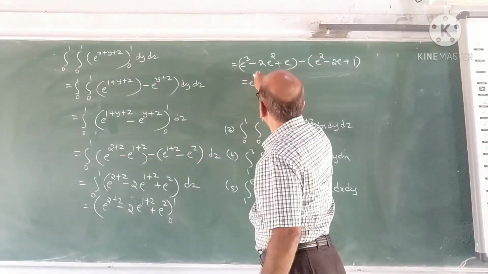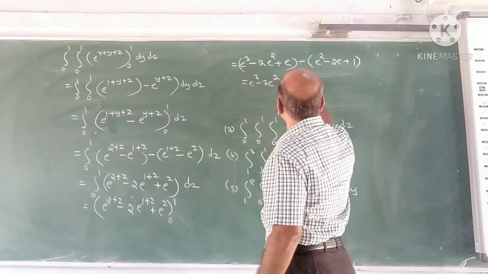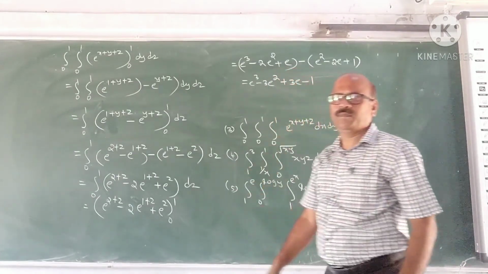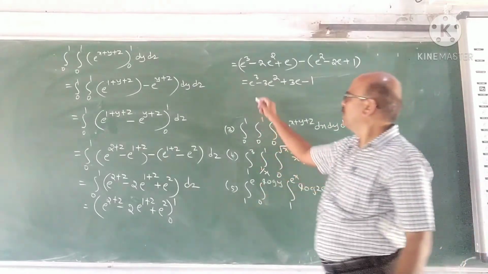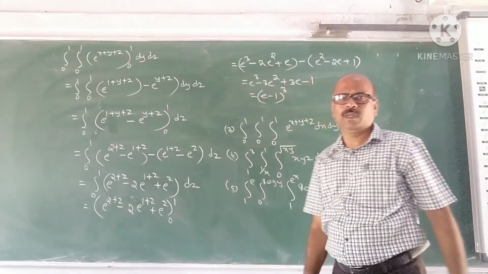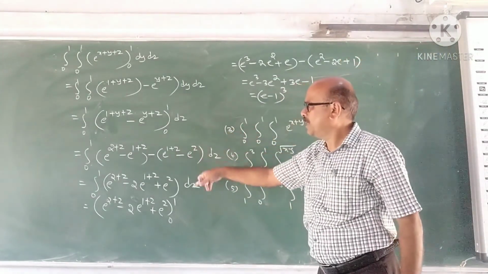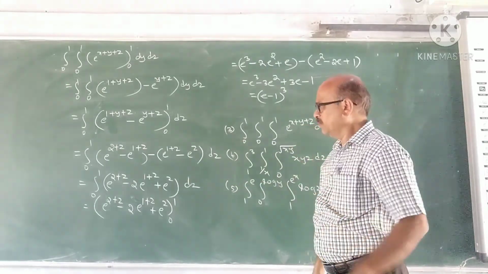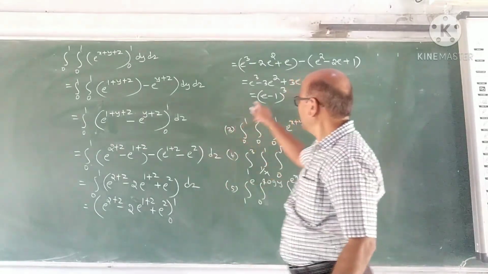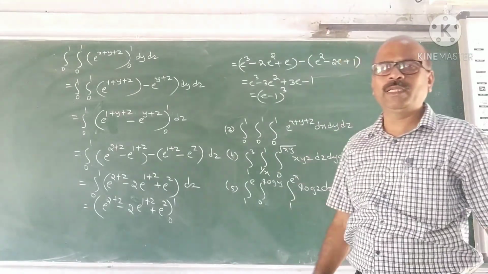It is therefore e cube minus 3e square plus 3e minus 1. Correct? e minus 1 whole cube. Simplify and try to verify whether it is e minus 1 whole cube. Am I right or not? e minus 1 whole cube.